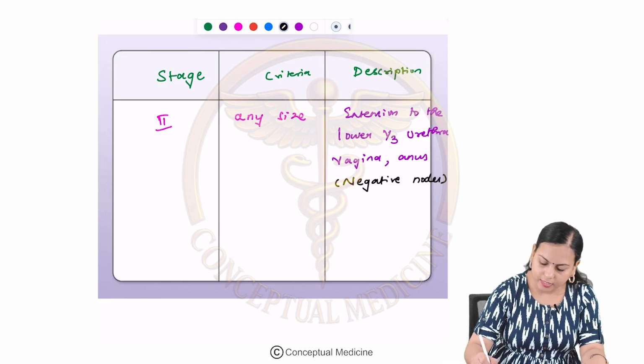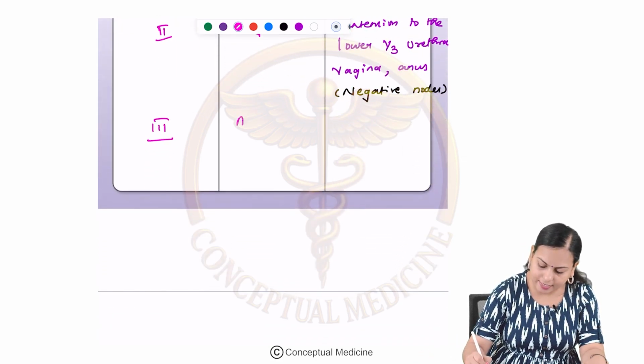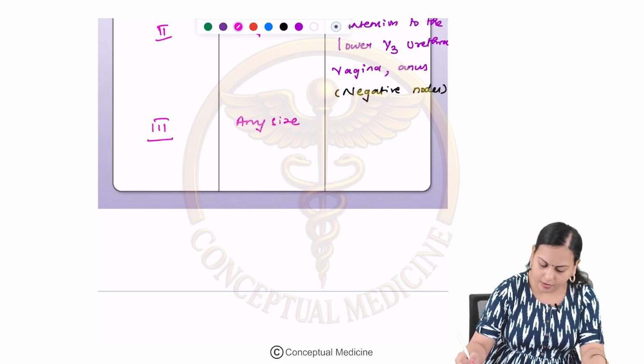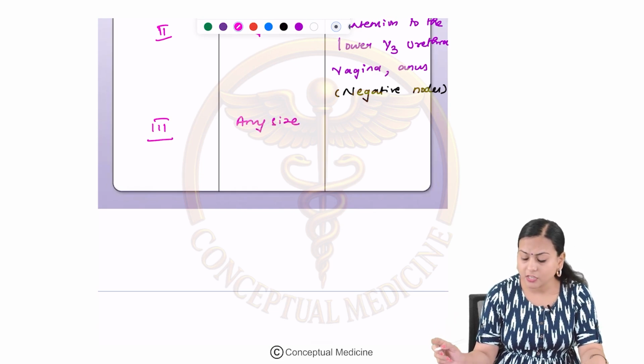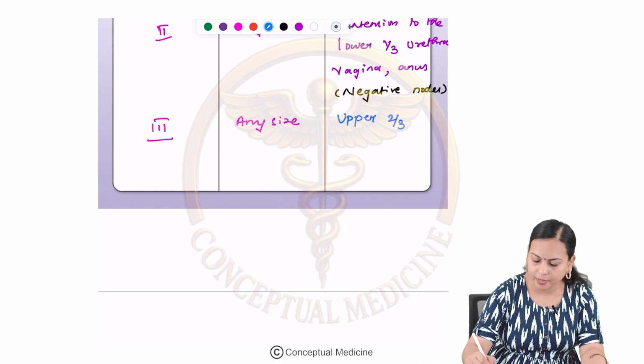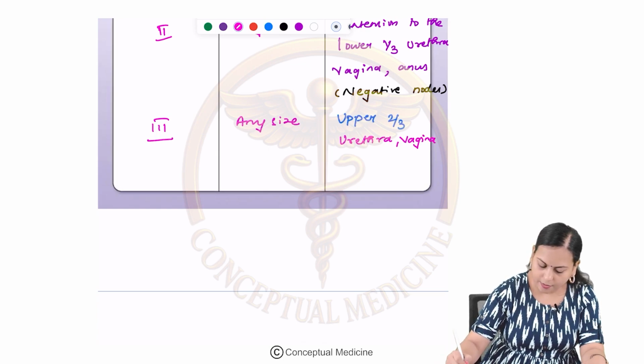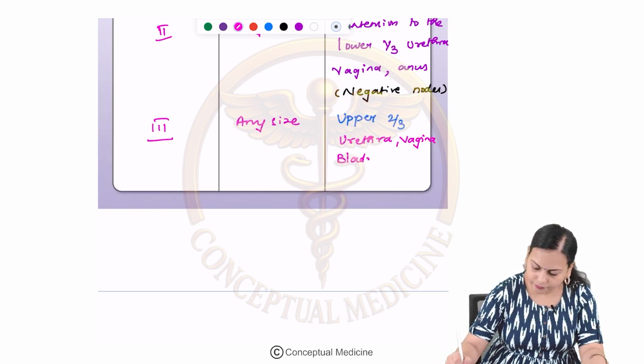Then coming to stage 3, this is a tumor again of any size, but there will be extension to the upper 2/3 of urethra, vagina, bladder mucosa, rectal mucosa.